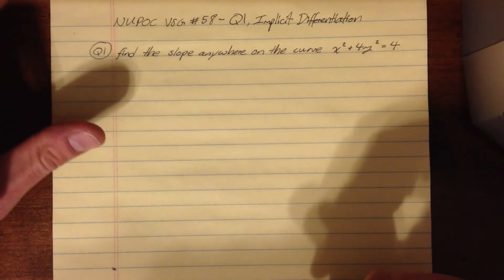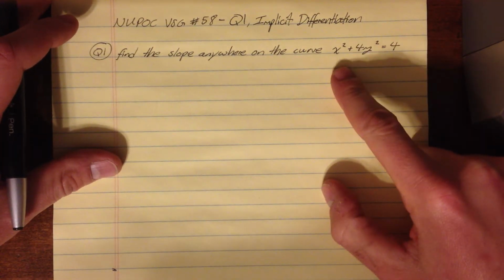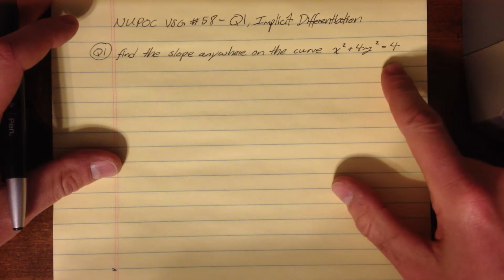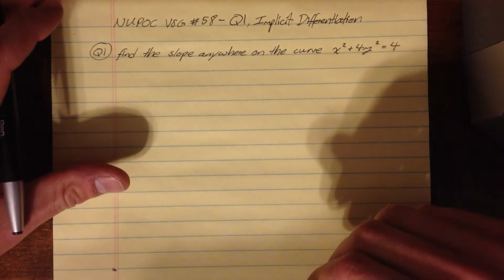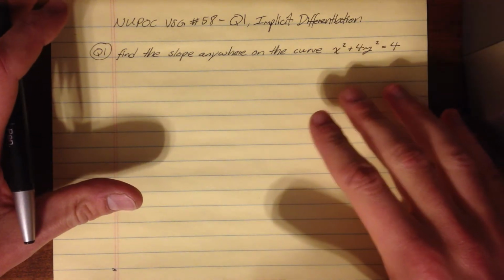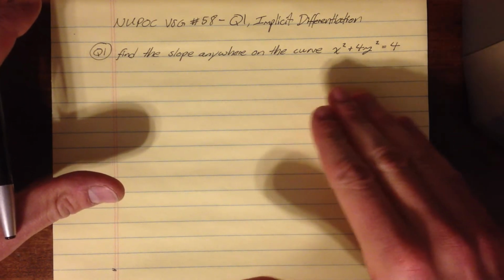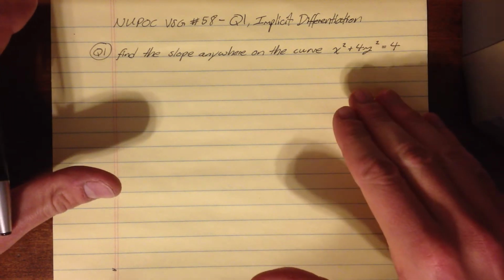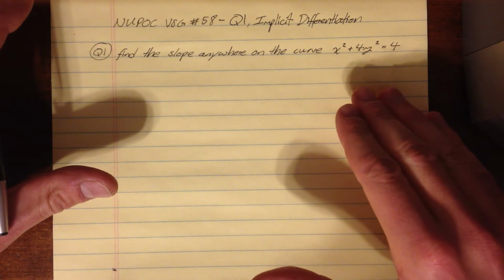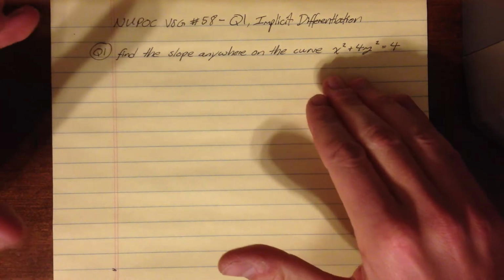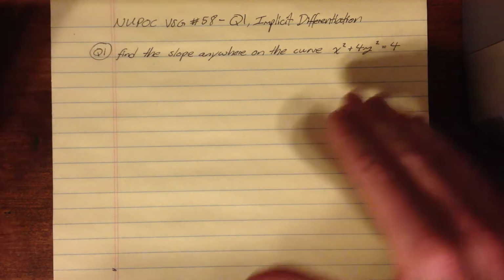So we want to find the slope anywhere on the curve x squared plus 4y squared equals 4. Okay, so this is a problem. I don't know if you can tell by intuition, but this would actually be very difficult to find the slope or the derivative of this function.